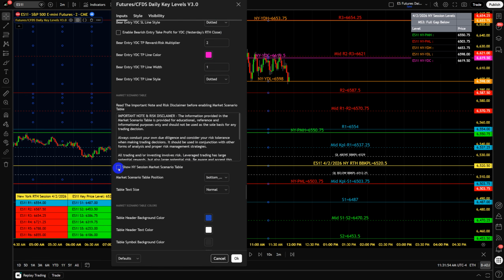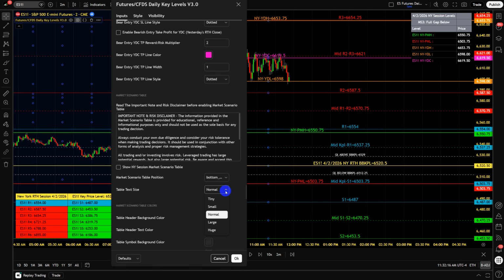But just for right now, if you do have a position for this table, you can make it top left, top center, top right, middle left, middle center, middle right, bottom left, bottom center, or bottom right. It also has a text size for the table that you can go anywhere from tiny up to huge.